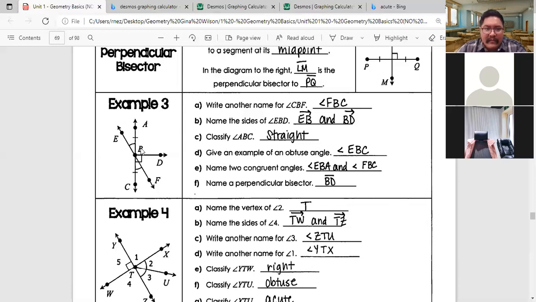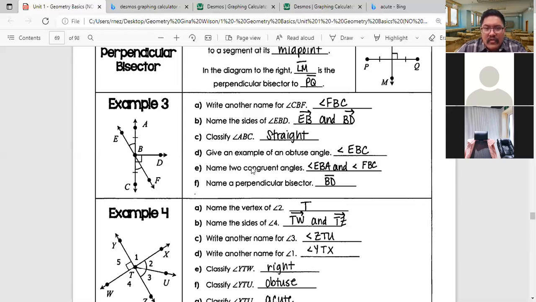It could vary on that one, but here they chose EBC. That one would probably be the best choice just because there's nothing between it. It's not a combination of other angles. You could probably also pick something like EBD. So EBD would also be another one too.